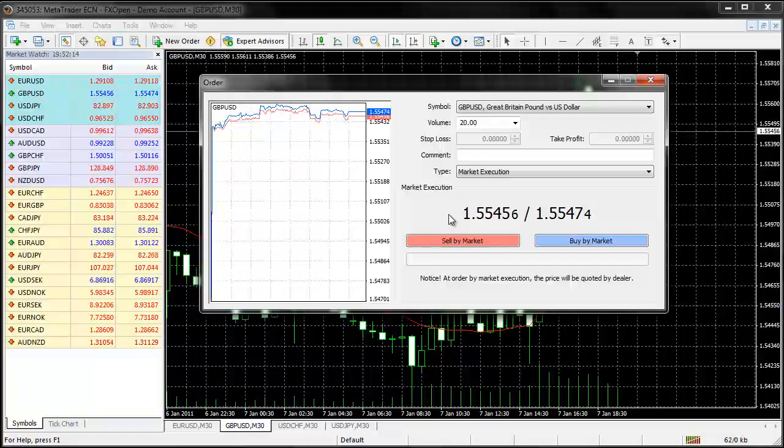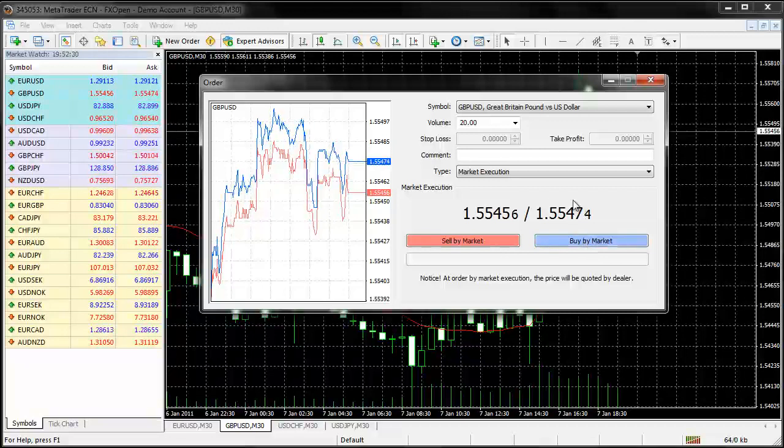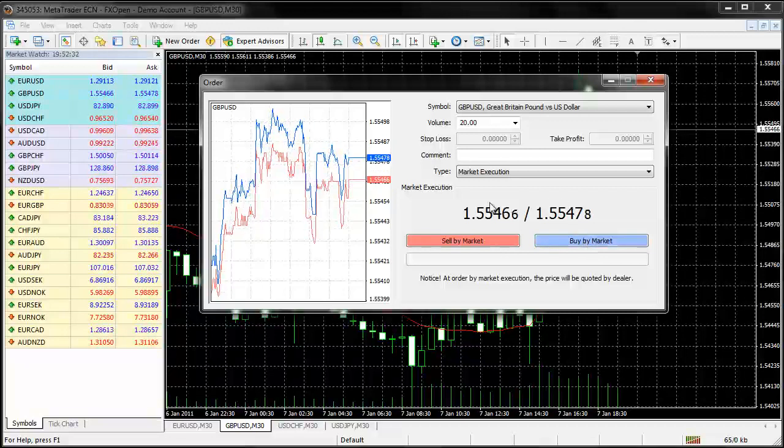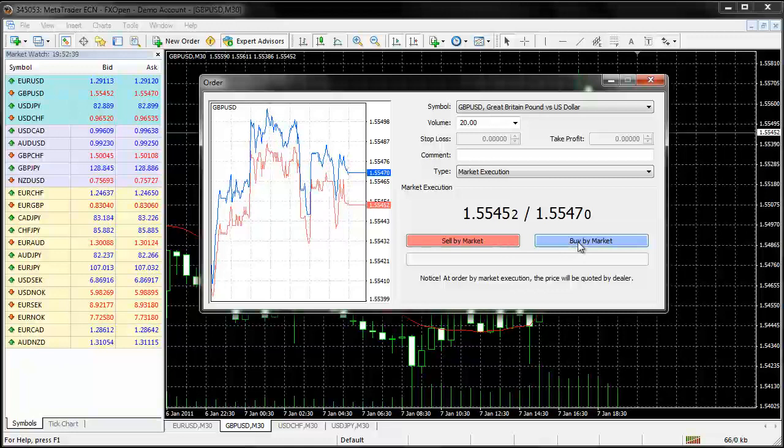Okay. Now, the bid price is basically the price that you would be charged if you were to go long. Going long means buy, or you're trying to feel that the market's going to go up. Normally, if you were to click on this buy button here, you'd think that you'd be charged this price here, 155.47.2.